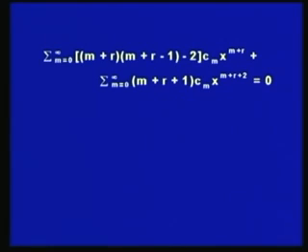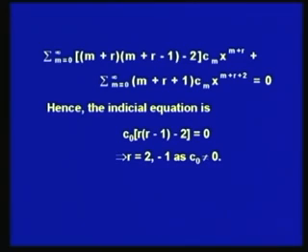We will get sigma m equal to 0 to infinity (m plus r)(m plus r minus 1) minus 2, into Cm x to the power m plus r, plus sigma m equal to 0 to infinity (m plus r plus 1) Cm x to the power m plus r plus 2 equal to 0. Again we put the coefficient of the least power of x to 0, which we get from the first term.